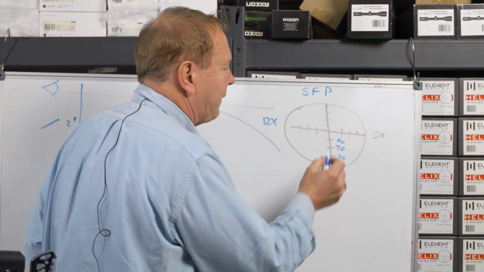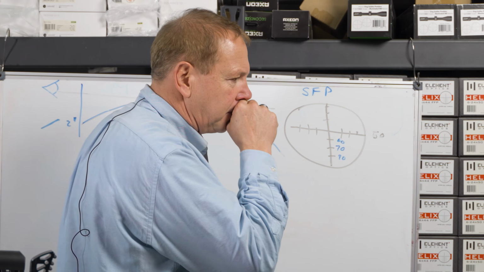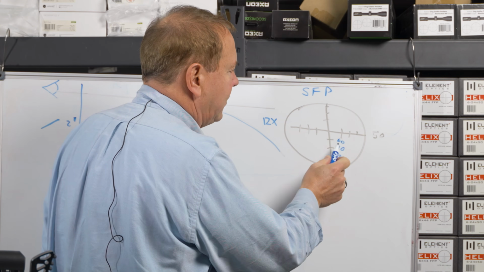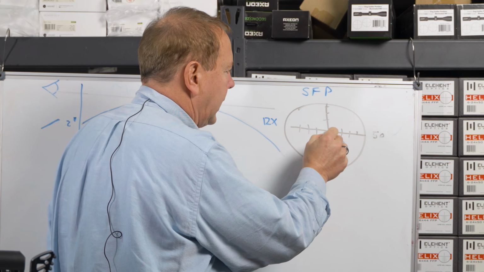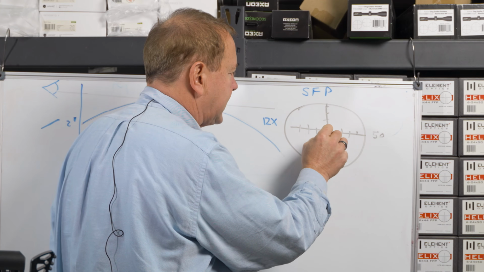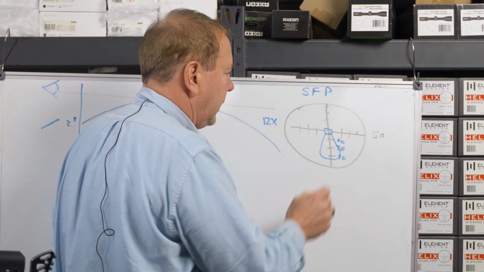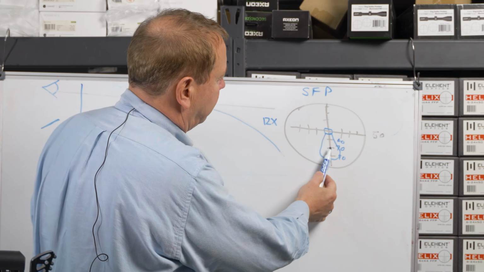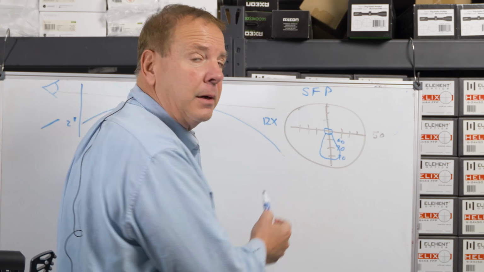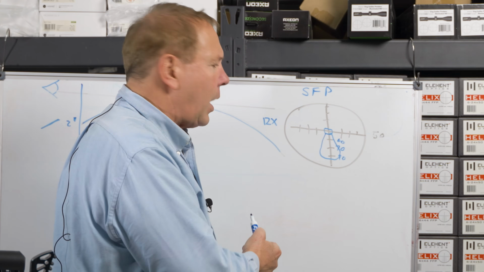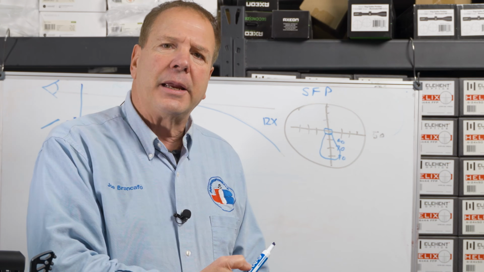Let's say at 70 yards, I look at a groundhog, his head is right here, and his belly is right here. If I shoot here, I'm going to hit him in the middle of the belly at 12x. But I can't see that too good, so I'm going to make it 24x.